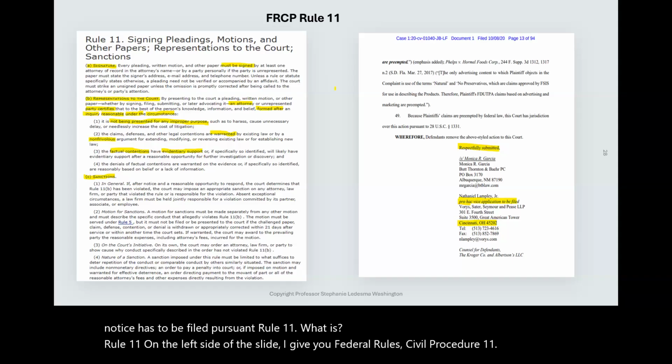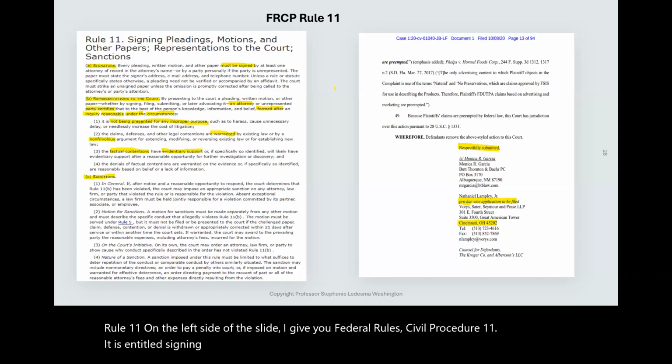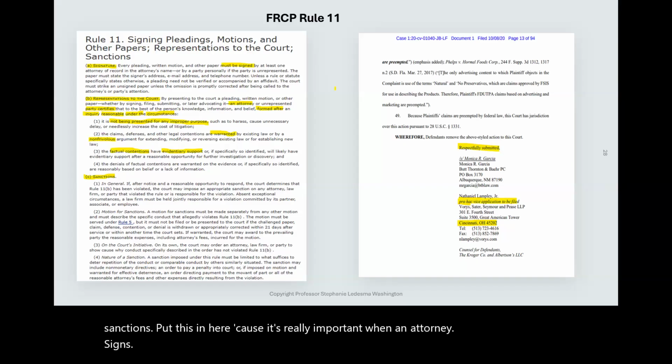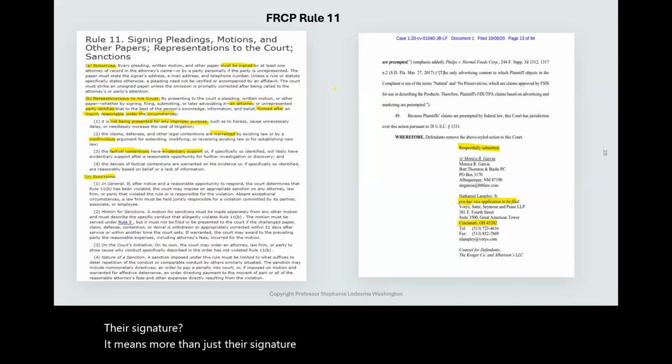It is entitled Signing Pleadings, Motions, and Other Papers; Representations to the Court; Sanctions. Put this in here because it's really important. When an attorney signs their signature, it means more than just their signature. It is a representation to the court.